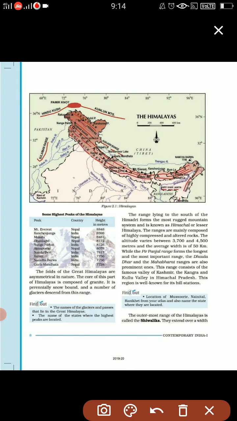Fine. Now the last range is the outermost range, which is the Shivaliks, children. Their width is just 10 to 50 kilometers, and their height is just 900 to 1100 meters. So the outermost range is this one, Shivalik.